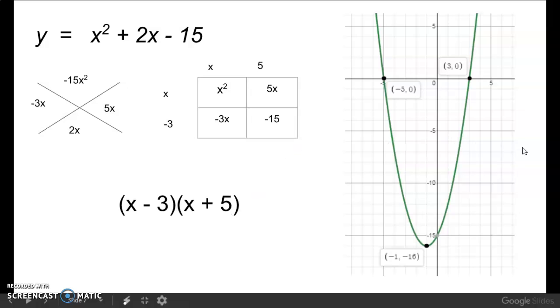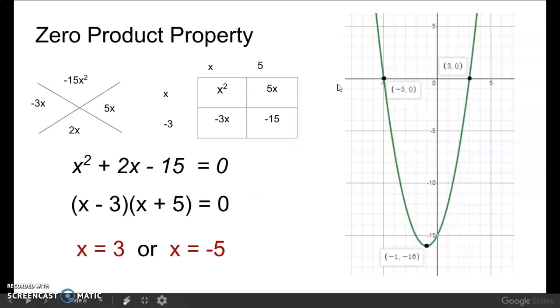That leads us into our next piece, which is actually from lesson 8.2.2. We're going to talk about something called the zero product property, and I will explain that name as we go along. Note that I've rewritten the quadratic equation as x squared plus 2x minus 15 equals 0.